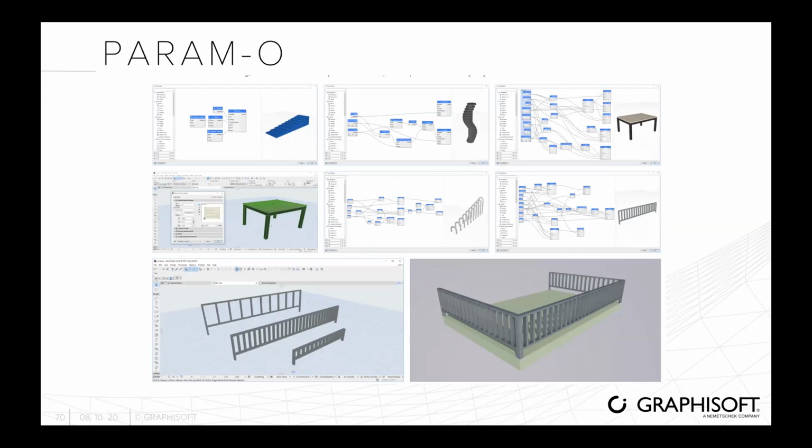And this currently only works on the Windows version, but there'll be a release later so that it's compatible on the Mac version as well. So this is kind of a node-based algorithm. So you'll be able to basically put in the functions of those objects so that they become parametric.